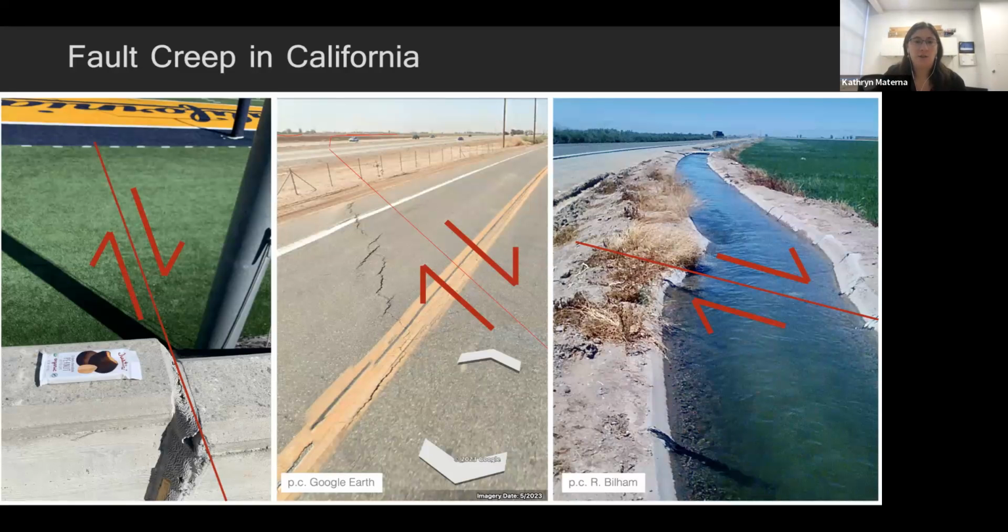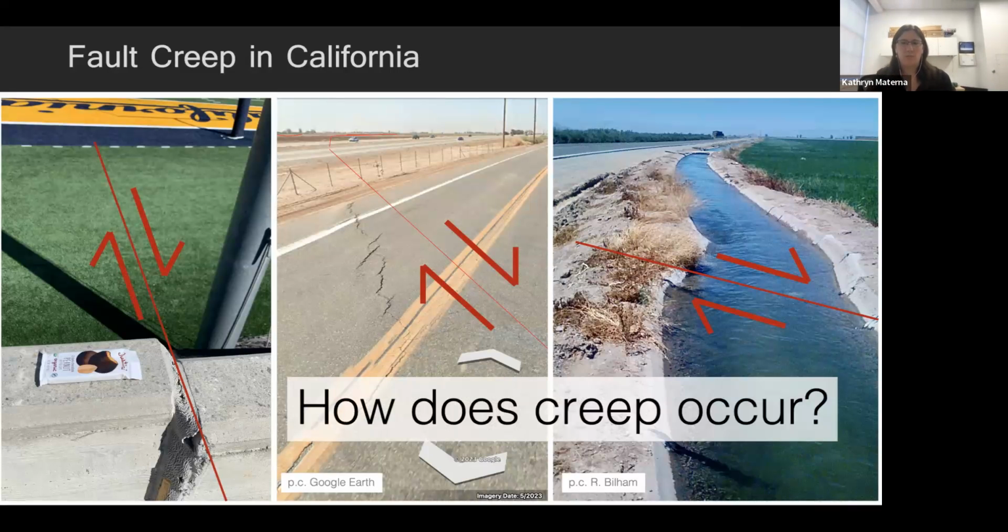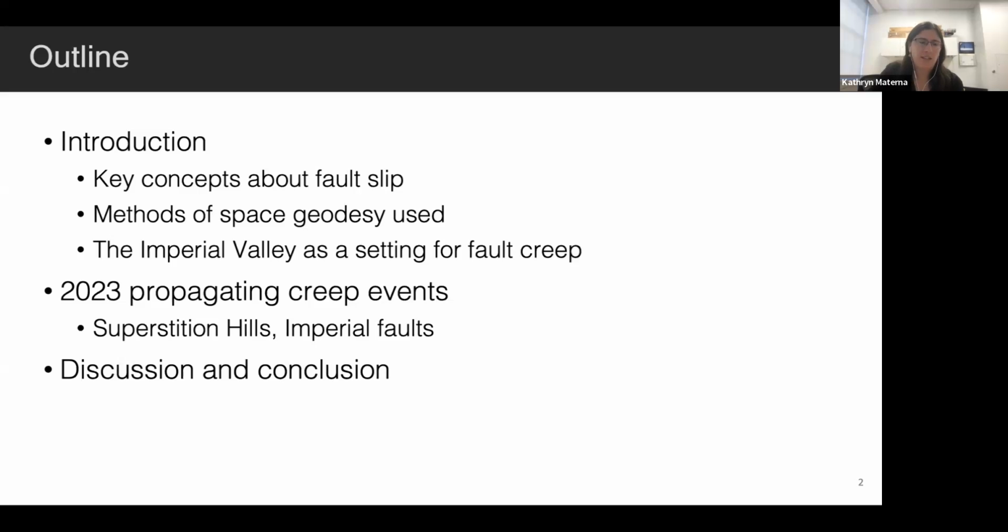All of these faults creep, and in this presentation, I'm going to use some new observations from this past year to start to probe the question, how does creep occur? The outline of the talk involves an introduction where we'll discuss the key concepts of fault slip and describe the methods that I use.